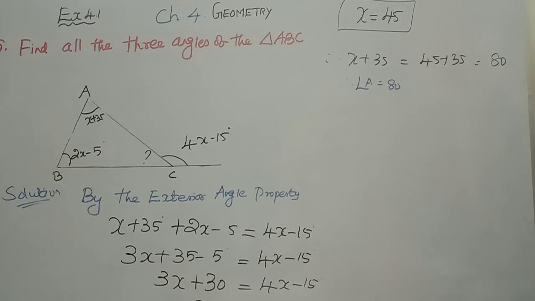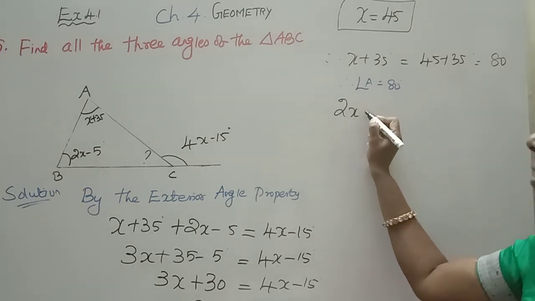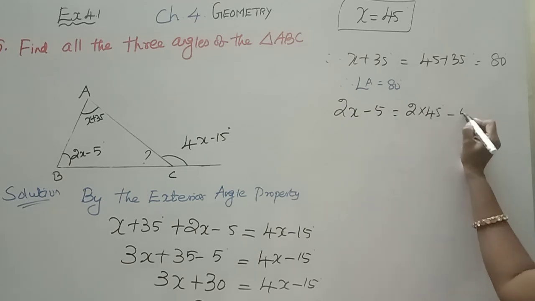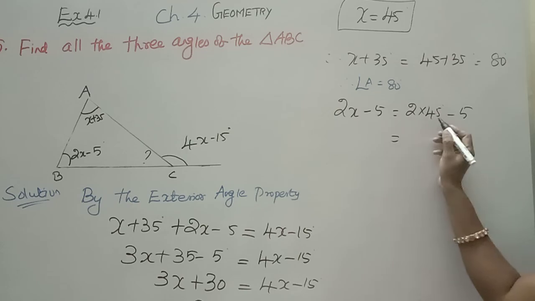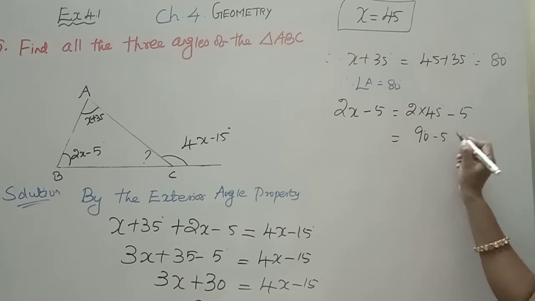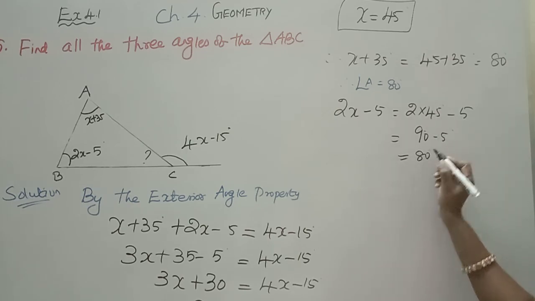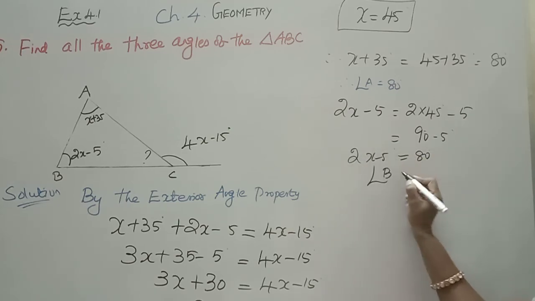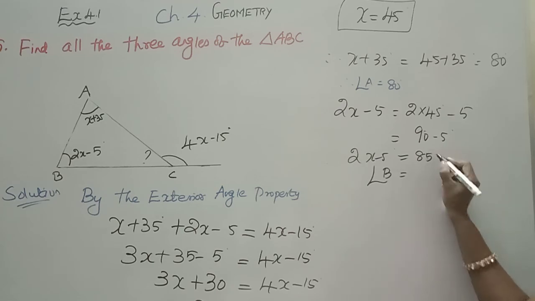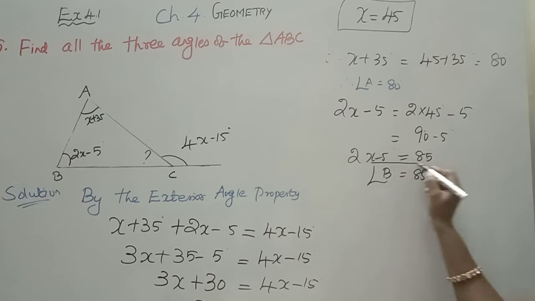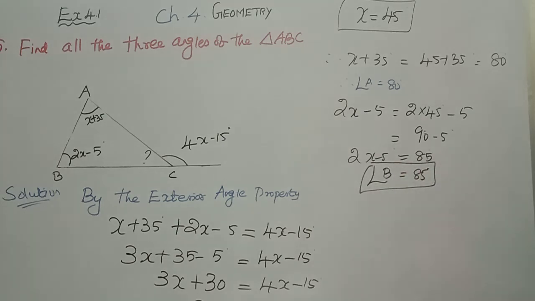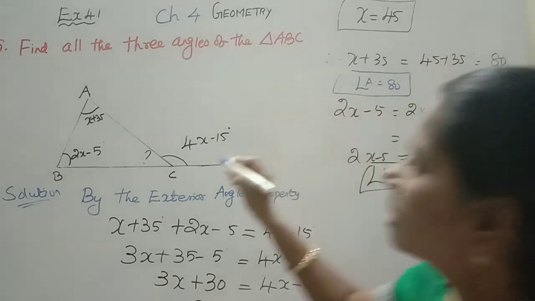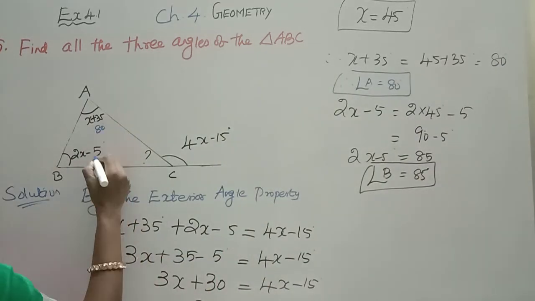Then next, 2x minus 5 means 2 into 45, 90, minus 5, equal to 85 degrees. So angle B equals 85 degrees. Two angles we got: angle A is 80, angle B is 85.